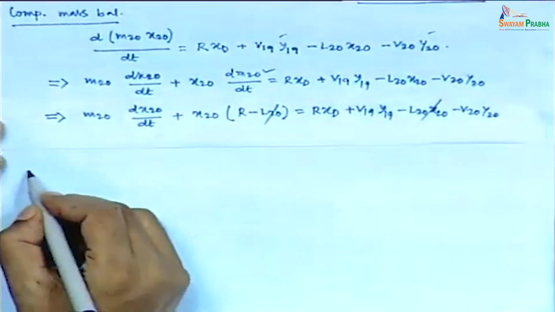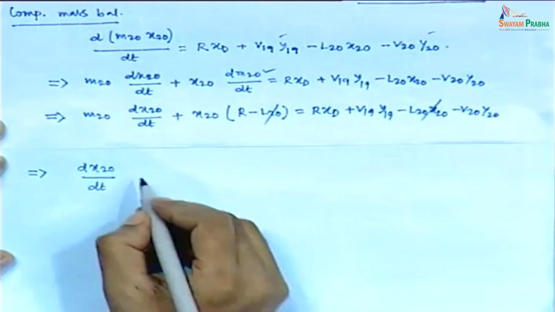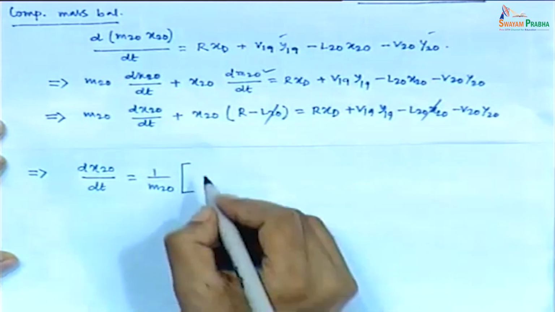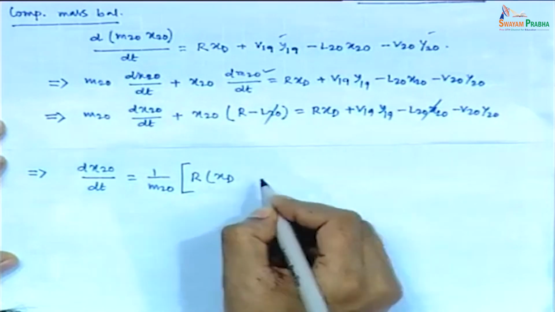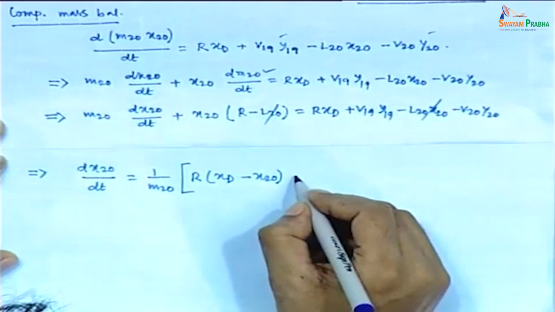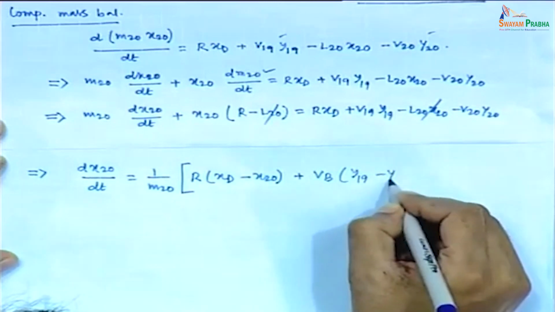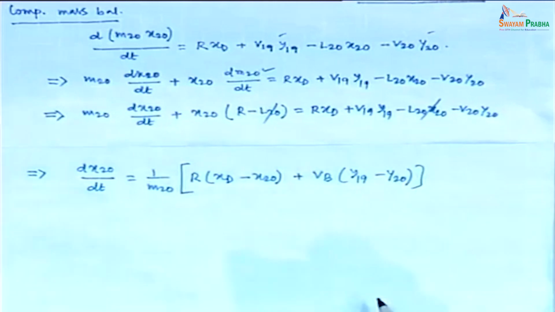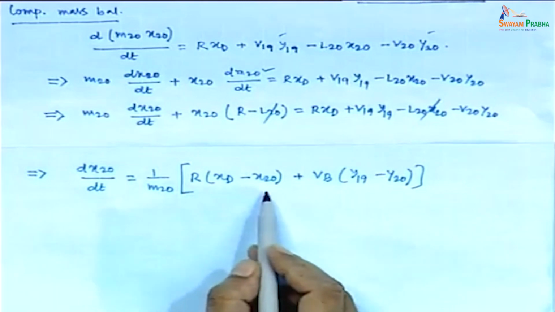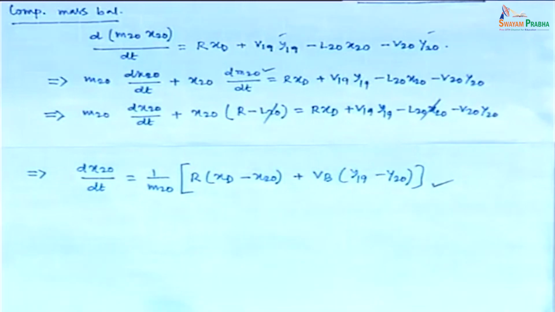Finally, we get dx20/dt equal to 1 by M20 [R (xd minus x20) plus Vb (y19 minus y20)]. This is the component mass balance equation.